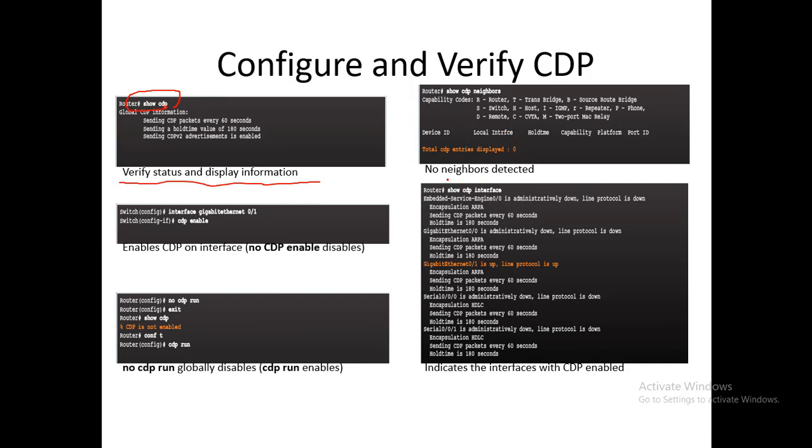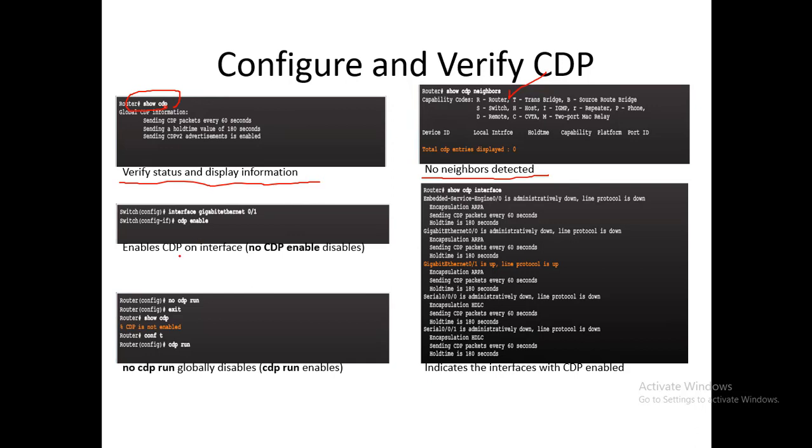This shows no neighbors detected. If you want to find out about the neighbors of your given network or given user or host or server, you can find the neighbors using show CDP neighbors.